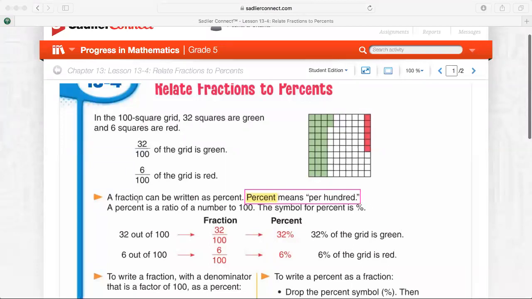So a fraction can be written as percent. A percent is a ratio of number to 100. The symbol of percent is this one.